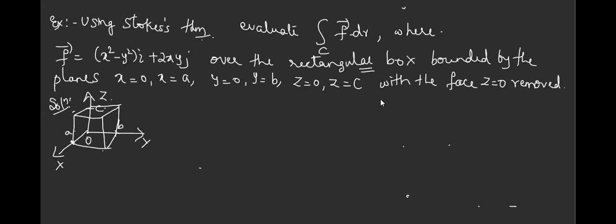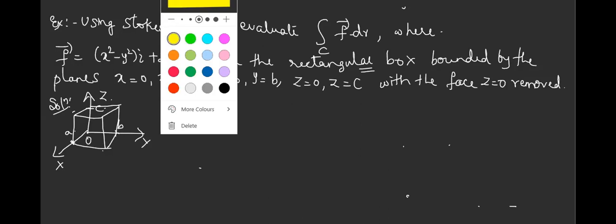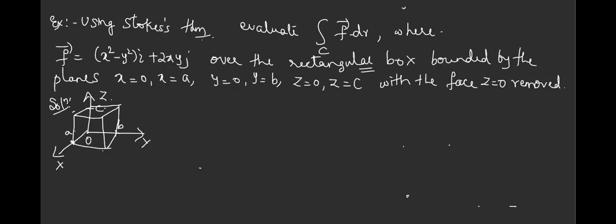Now, important over here is how to imagine it as S and C. This part, what I'm shading with yellow color, you can imagine as some surface, S. So for this surface, what is the boundary?